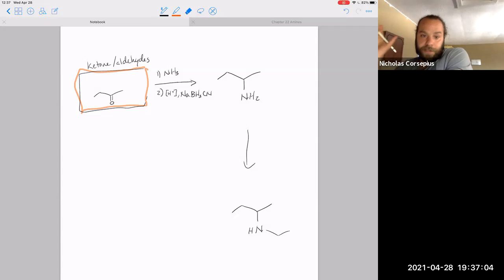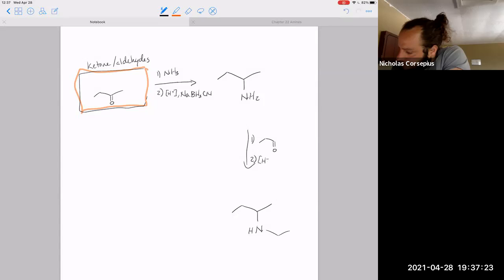Again, I hate the fact that aldehydes and ketones have two different distinctions. They should just be one in my mind, but you know, history. So in this case, I'm going to use first ethanal, which is also called acetaldehyde, and then under acidic conditions, hit it with that reducing agent.